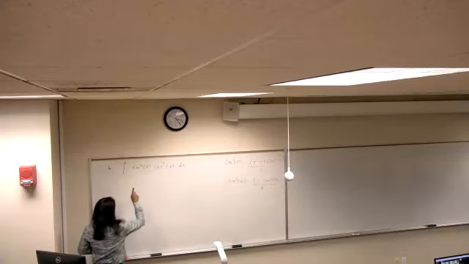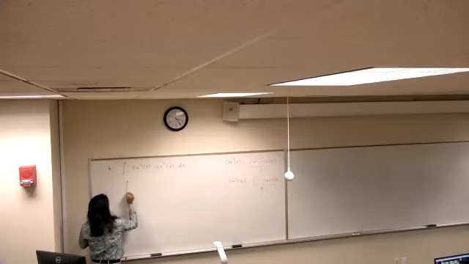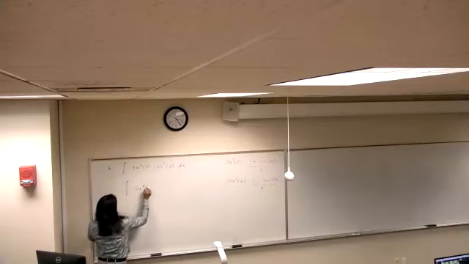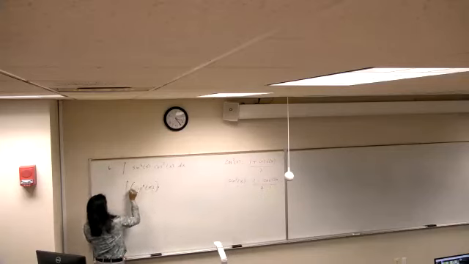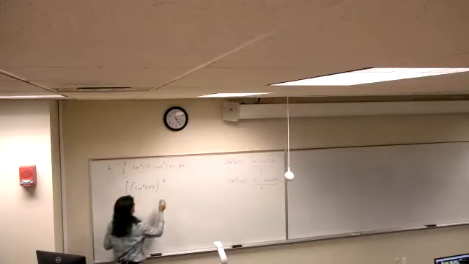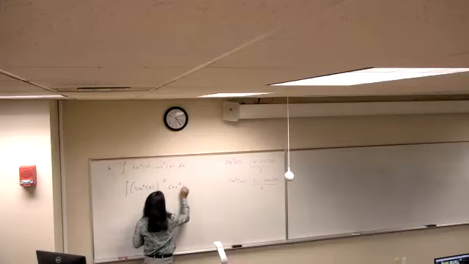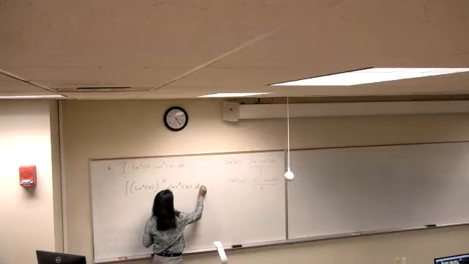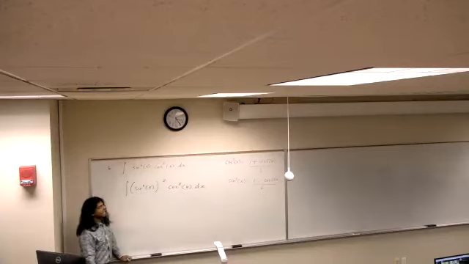Okay, so first, I want to rewrite that as a sine. Can I do that? Yes. Don't say u equals cosine squared and then put this as u squared. Life's not that easy, right?